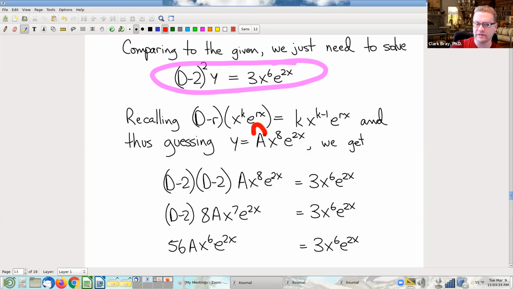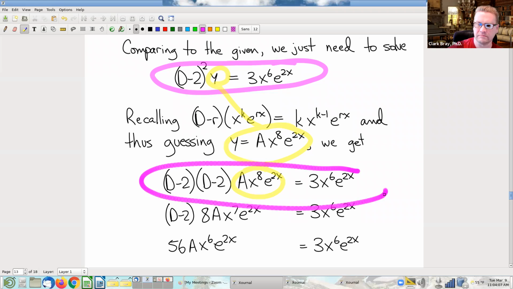But again, I don't know what this constant is going to be, because the other annoying thing these d minus 2s do is keep spitting out constants, so we'll have to solve for what that's going to be. Okay, so we speculate that this y that I'm looking for is a power of x: x to the 8th, e to the 2x, some constant. Our purple equation just becomes this, right?